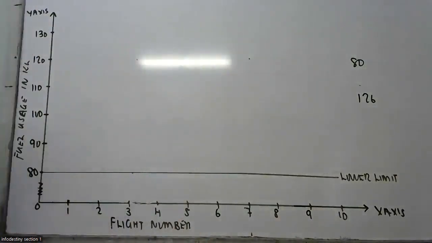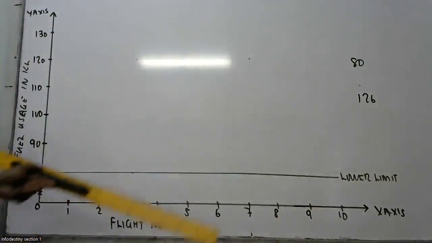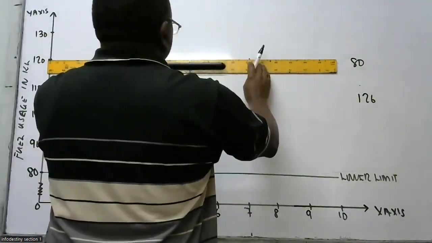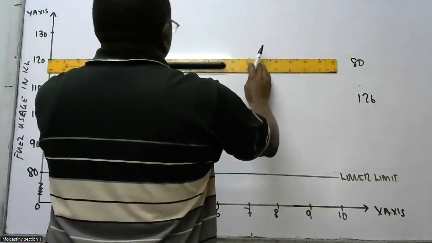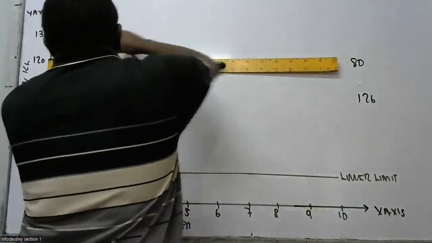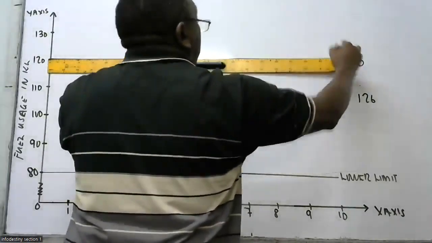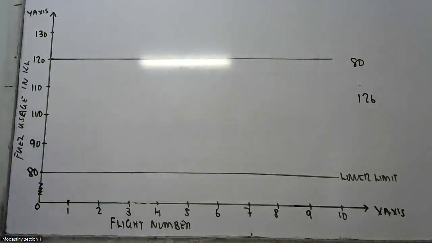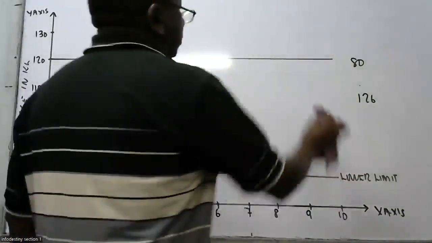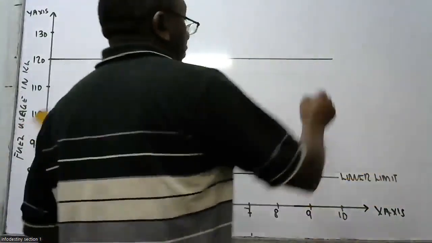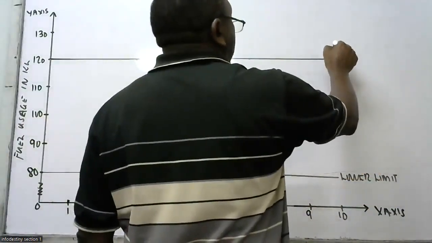That is the lower limit. Then here we have the upper limit, as per what we found out in the rule. This is the upper limit.